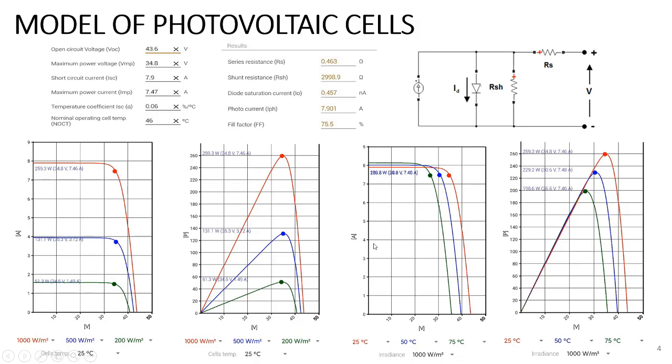Calculating the output power P equals U times I, and then sketching P on the diagram, we may find the PU, or power voltage plots of the PV. So, for example, over here we have the IV plot in red, blue, or green color.